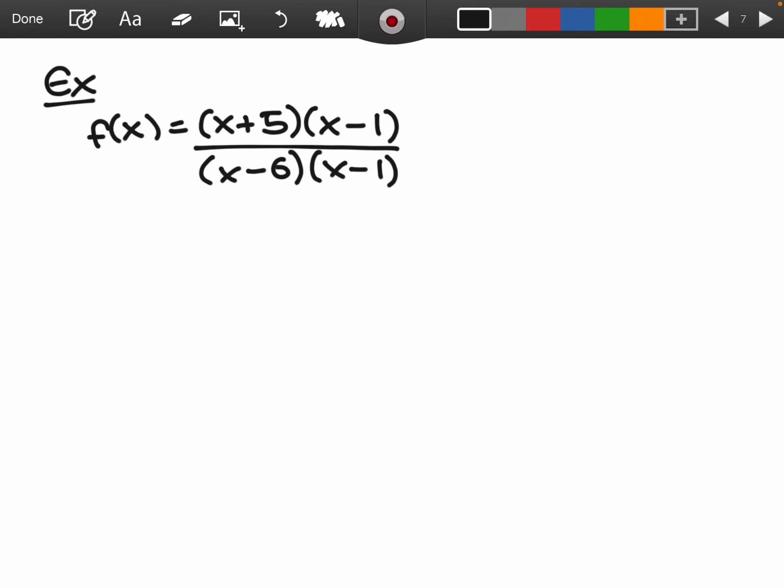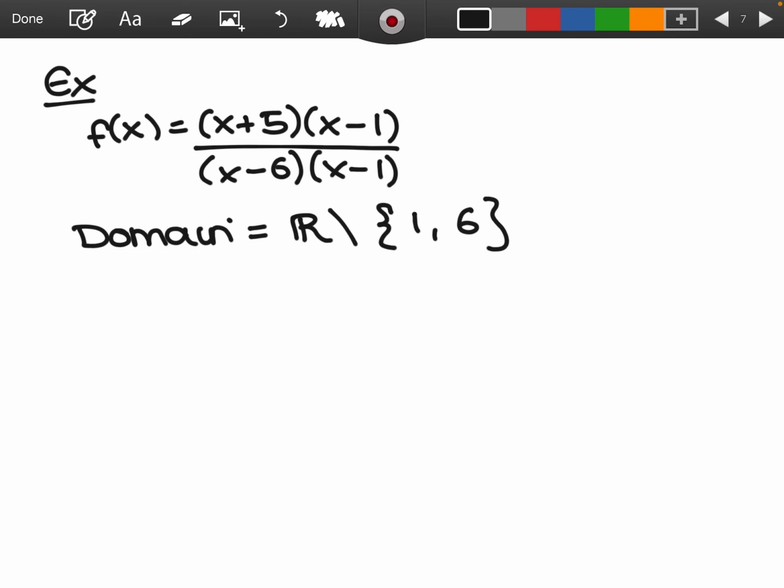I've already factored this just to skip a step with this, but if this wasn't already factored, please make sure that you factor it first. First thing I would do again is find the domain, just because it helps us with the holes and the vertical asymptotes to make sure that we have accounted for all points where this function is not defined. So we can already see that the domain of this function, if I set my denominator equal to 0, my domain is all real numbers except for when x is 1 and when x is 6.